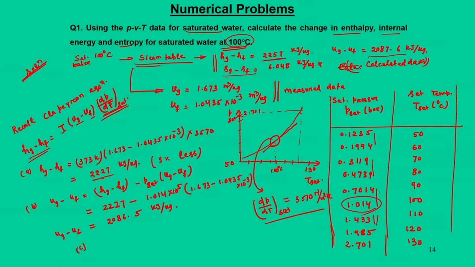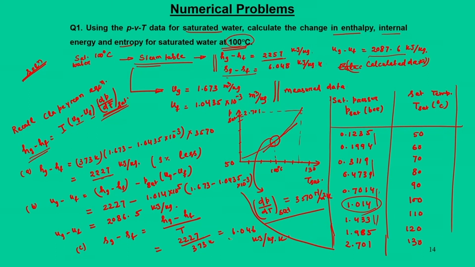And the last part is entropy. So Sg minus Sf would be Hg minus Hf divided by T. So it is 2227 divided by 373 Kelvin. This number is 6.046 kilojoule per kg Kelvin.